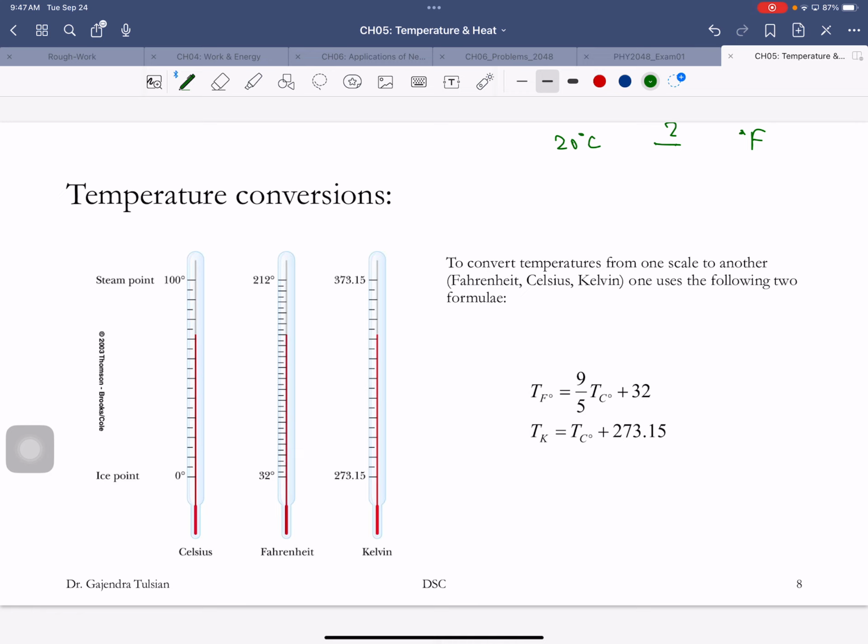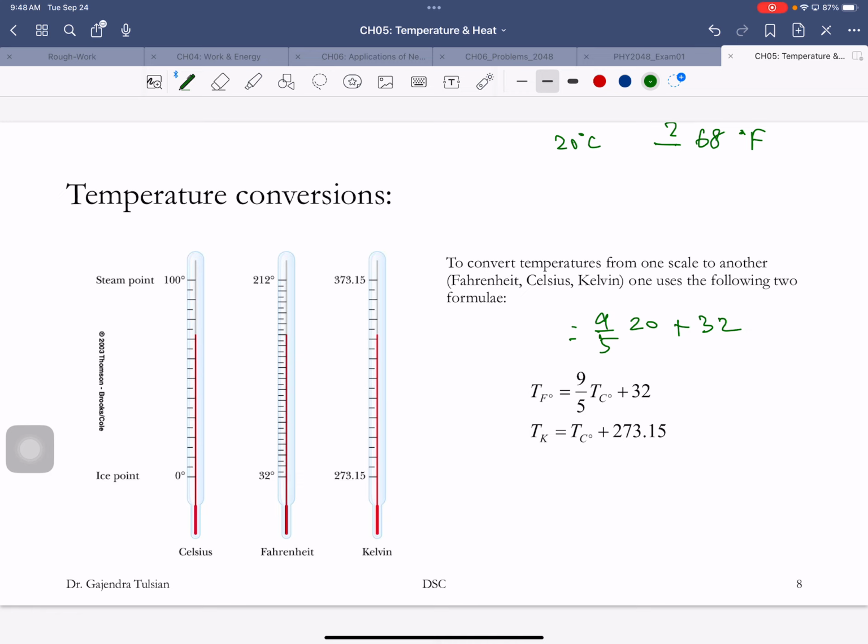You do 9/5 times 20 plus 32. 20 divided by 5 is 4, 4 times 9 is 36, 36 plus 32 is 68 degrees. So that's how you would do that.